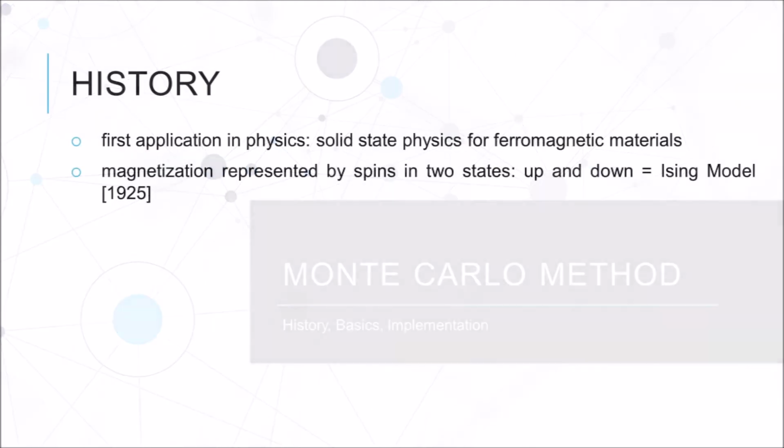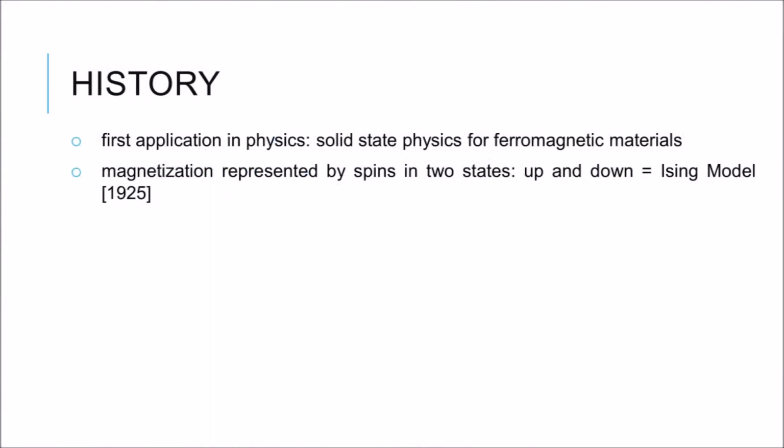How did it evolve? Well, the first application in physics of the Monte Carlo method was in solid-state physics for ferromagnetic materials, where the magnetization is represented by spins in two different states. You just have a state up and a state down. This model is called the Ising model and it originates in the year 1925.